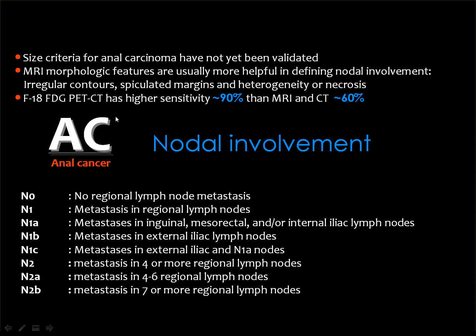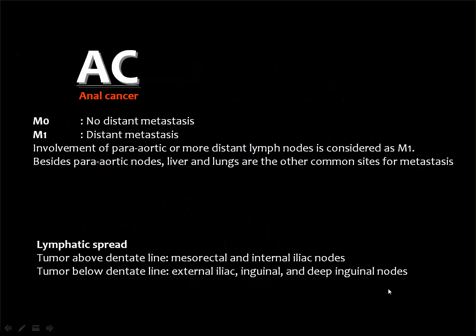According to the literature, the PET-CT may have a greater sensitivity than MRI and CT in detection of pathologic nodes. And these are the staging of nodal involvement in cases of anal cancer.